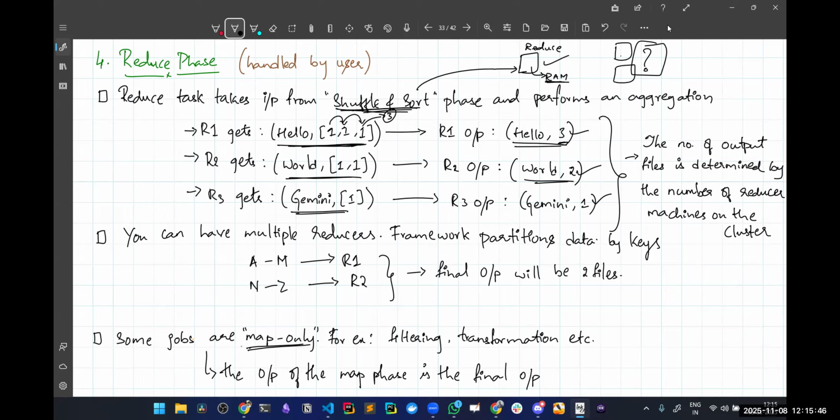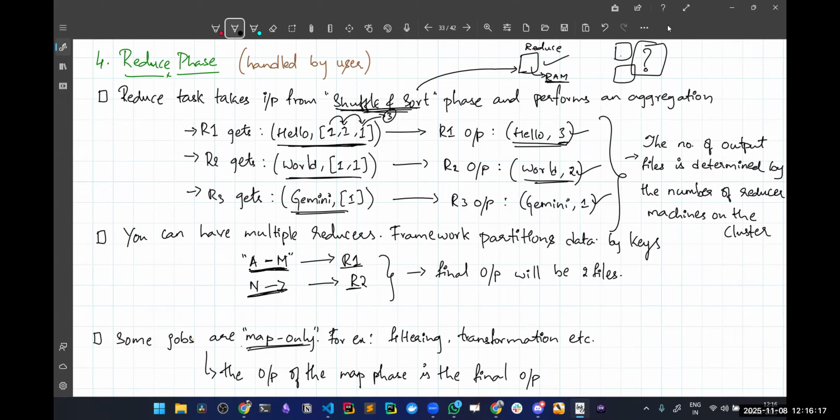In a crude way, we can say that the amount of words between A and M and between N and Z are more or less the same. So I'll provide logic in my shuffle and sort phase, a partition key, saying that the words from A to M go to reducer 1 and the words from N to Z go to reducer 2.